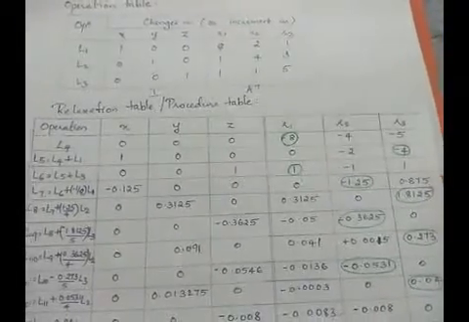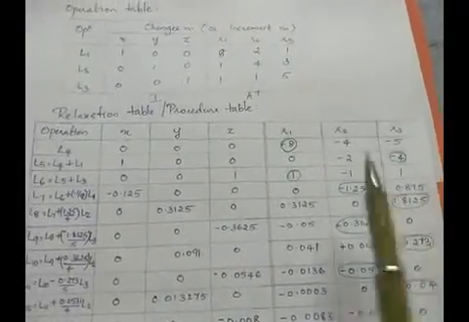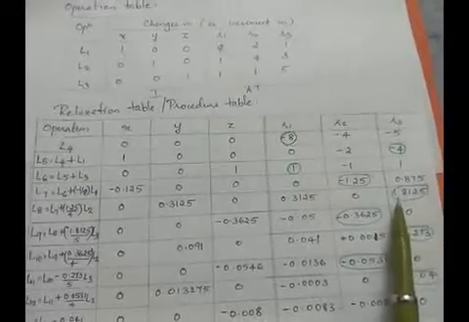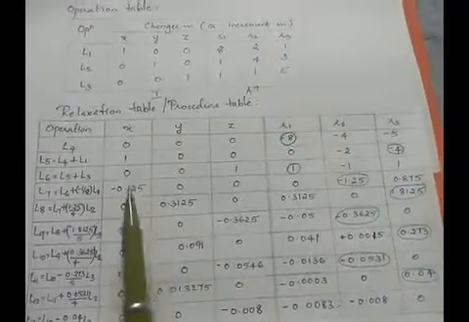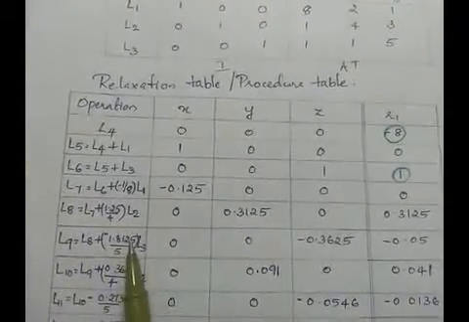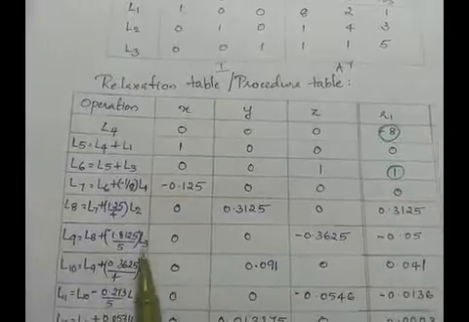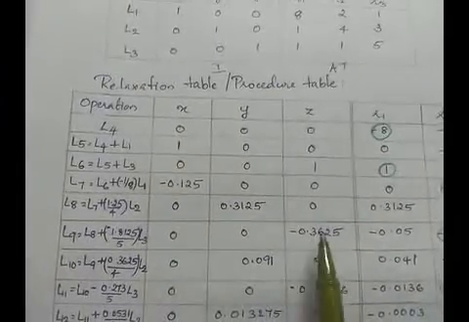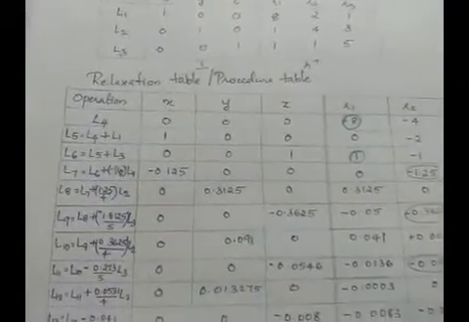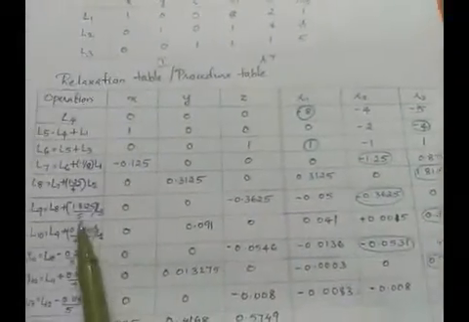So we have to multiply L3 by 1.8125 divided by 5, and since we have positive here, the sign in the equation will be negative. That is, L9 is equal to L8 plus minus 1.8125 divided by 5 into L3. Record the change. While recording, you have to write the sign also.